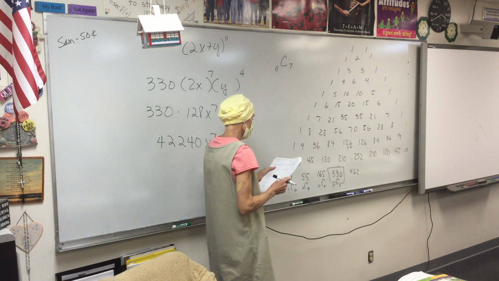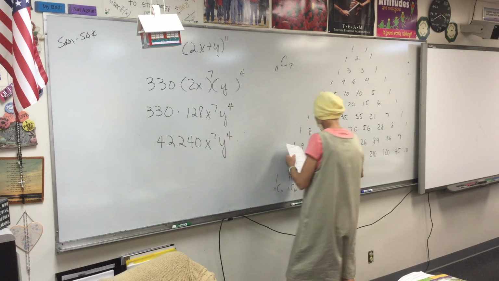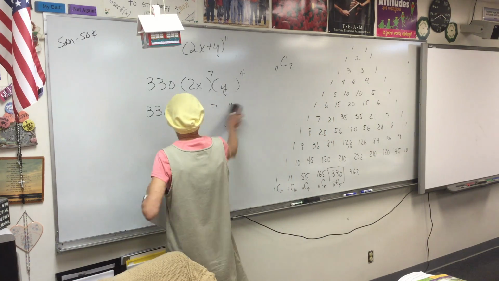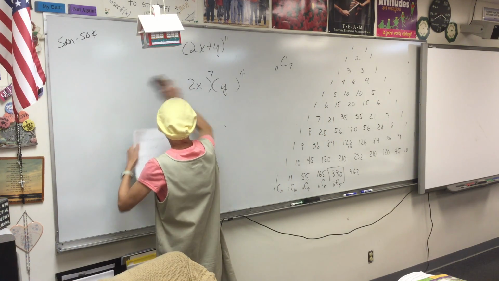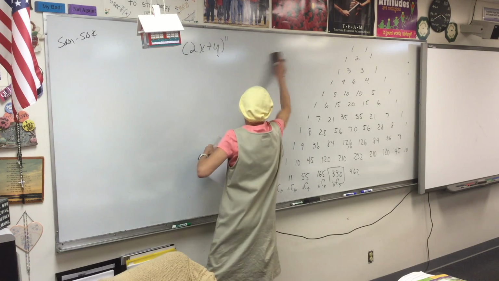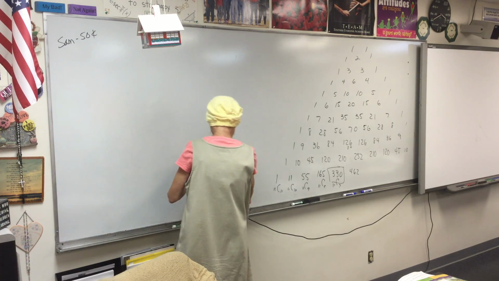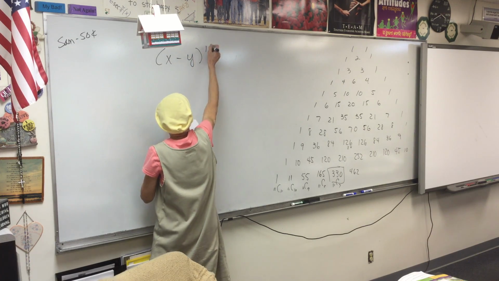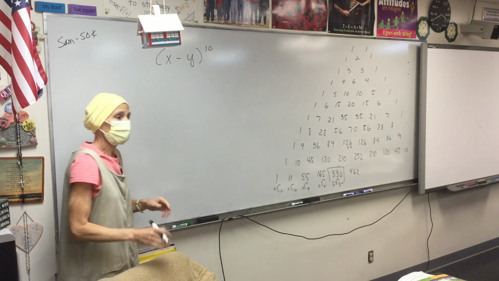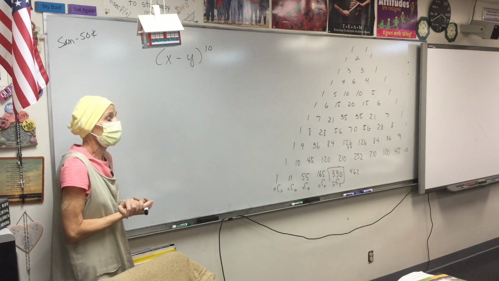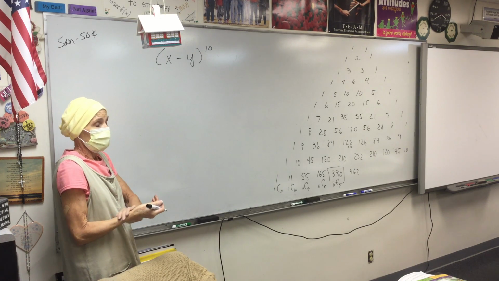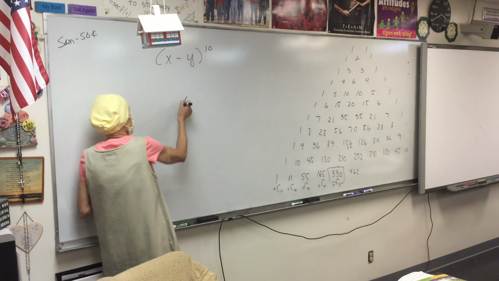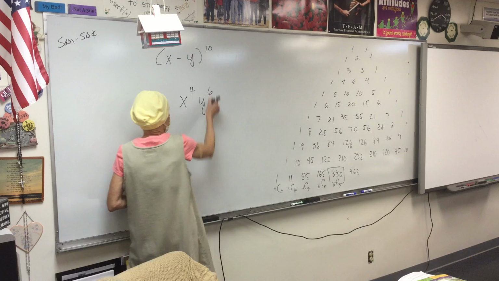All right, let's try the next one. The next one's a little bit tricky. It says, if you were going to FOIL that out, there would be a term that had an X to the 4th and a Y to the 6th in it.